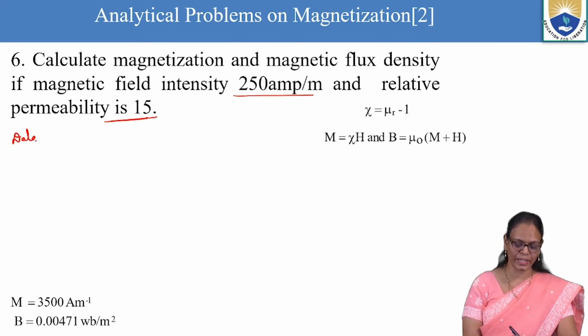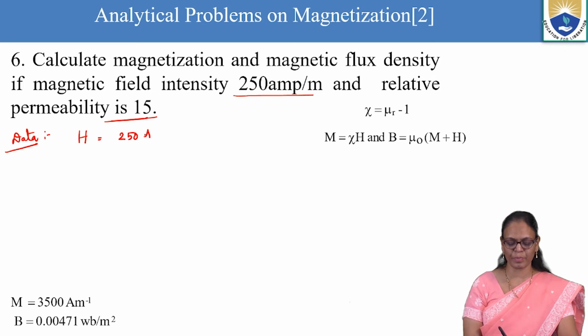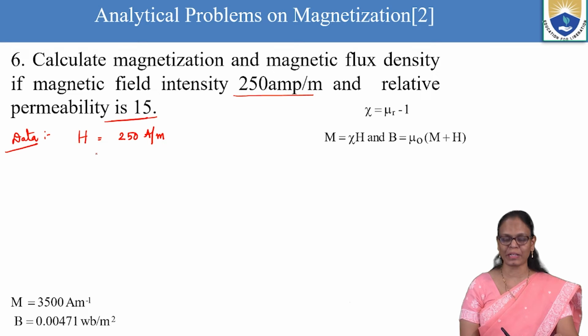So we'll write the data. Magnetic field intensity is denoted by H, 250 ampere per meter. And here the relative permeability is given, that is mu r, 15. We have to calculate M. Also we have to find B.